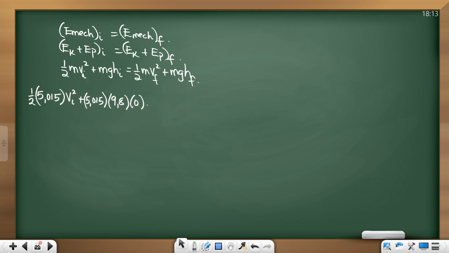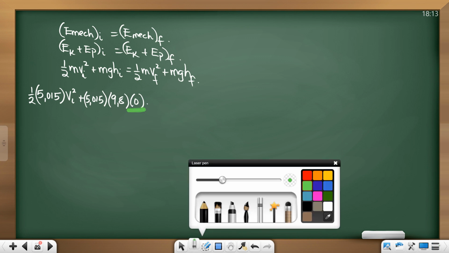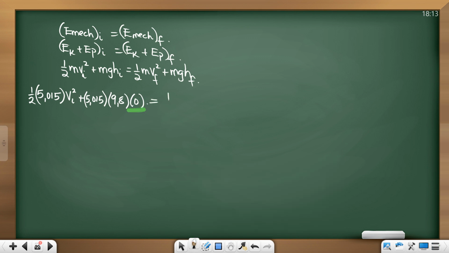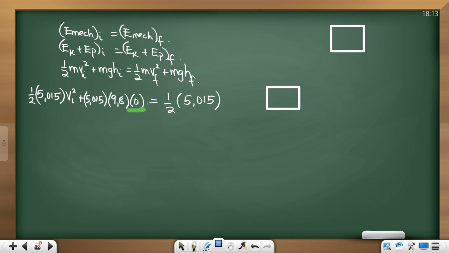All right, so we're substituting there. Guys, I hope you understand where this 0 comes from. The object is on the ground. Equals one over two, again, 5,015. Now, final velocity. We remember we had a diagram. The object is now at the top there, at maximum height.